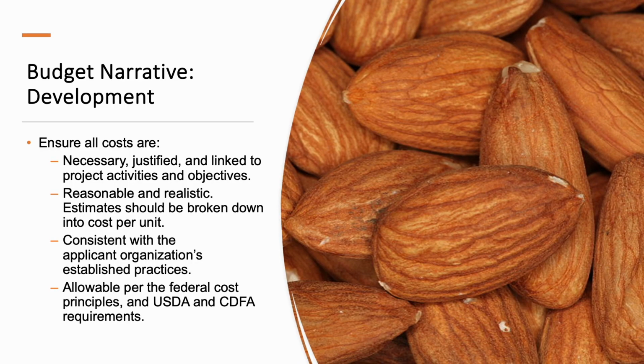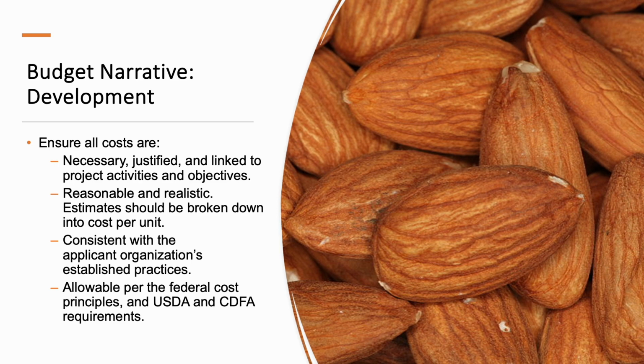Within the budget narrative, you'll provide a detailed breakdown and justification for all project costs. As you develop your grant proposal budget, ensure that all costs are necessary for the project, well justified, and clearly linked to the project activities and objectives. It should be clear why costs are requested and how they relate to the activities listed in the project objectives and work plan.